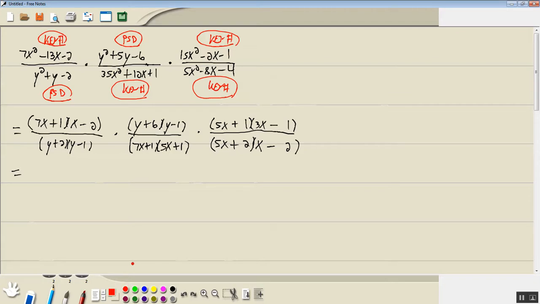The only guideline is one's on top, one's on the bottom, and they're the same. 7x plus 1, 7x plus 1. x minus 2, x minus 2. y minus 1, y minus 1. 5x plus 1, 5x plus 1.